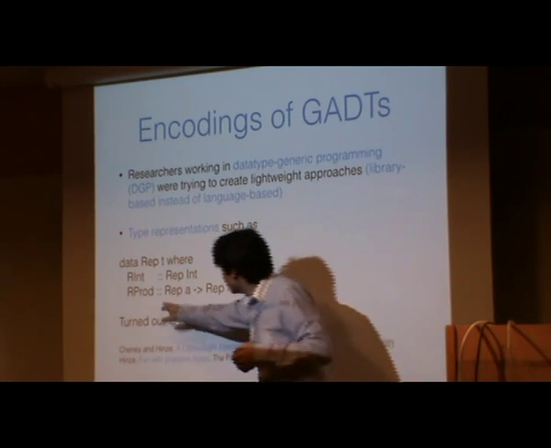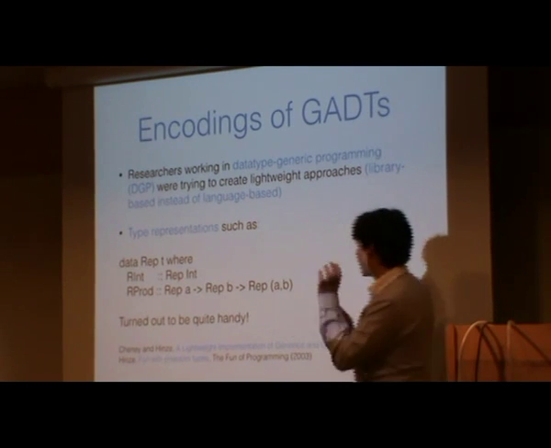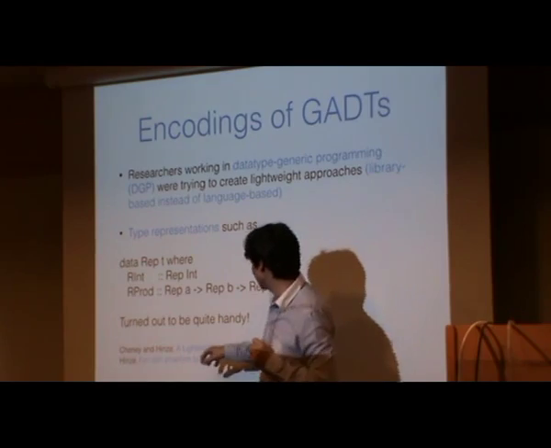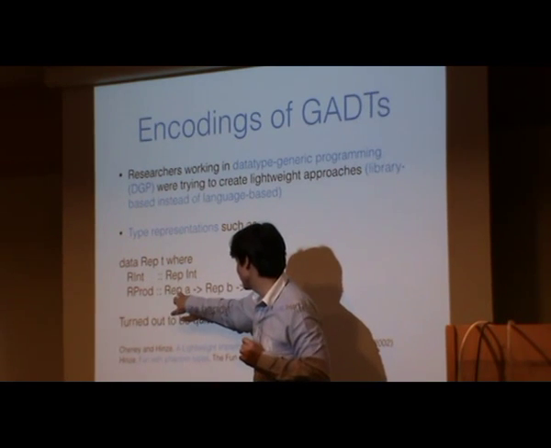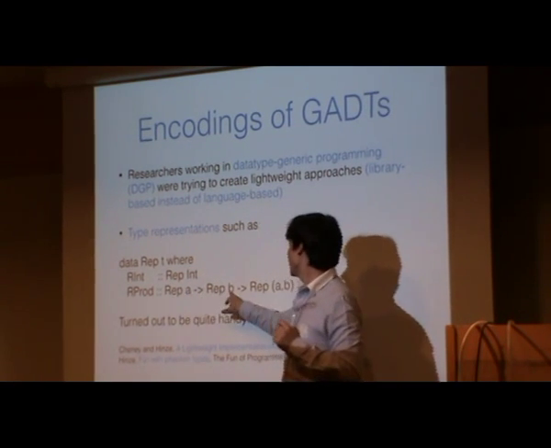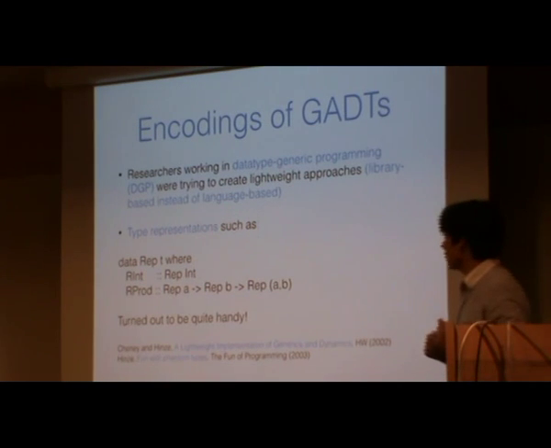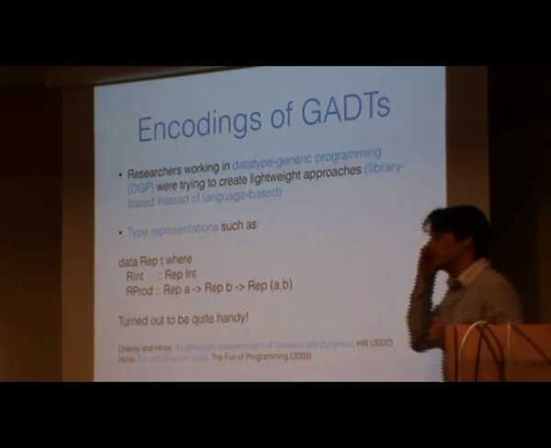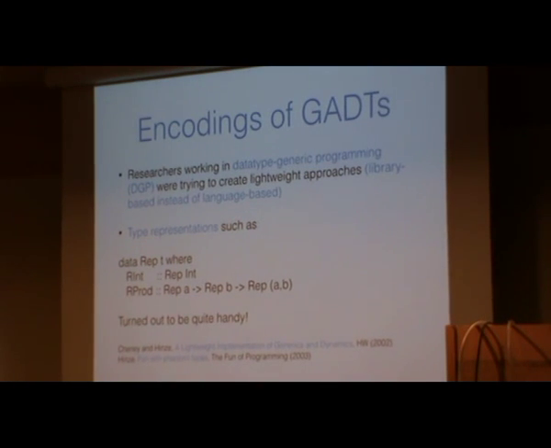And this is a representation for product types. If you have a product type, you can get its representation if you have the representation of the type argument A and the representation of the type argument B. These representation types were useful to do a kind of reflection. If you want to do datatype-generic programming, it's very useful to be able to reflect on your types, to inspect the structure of your types.